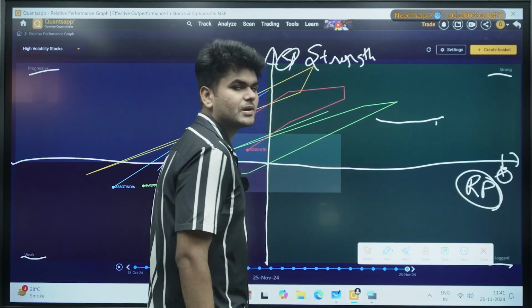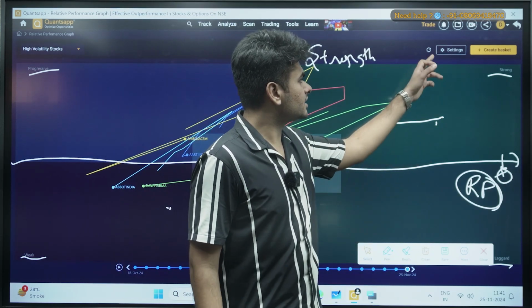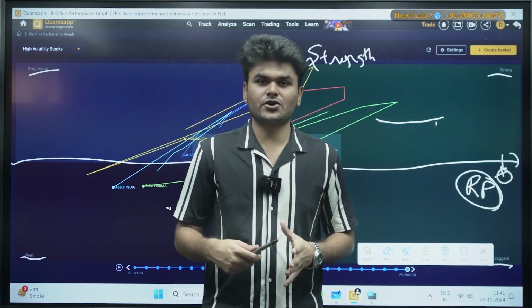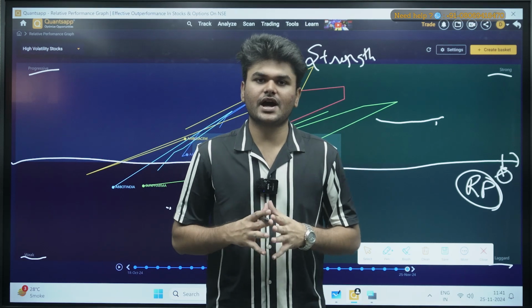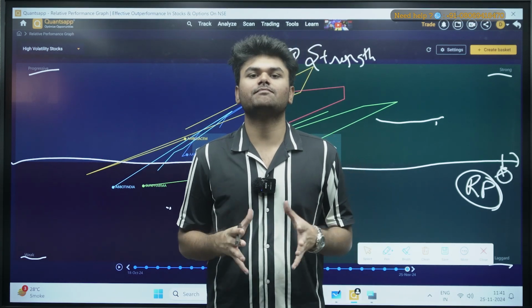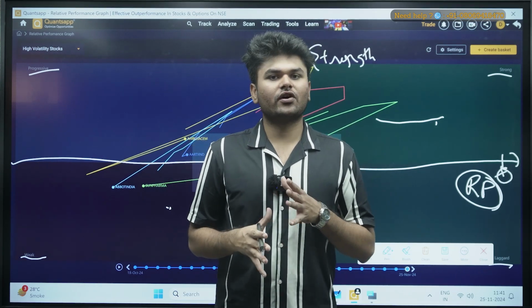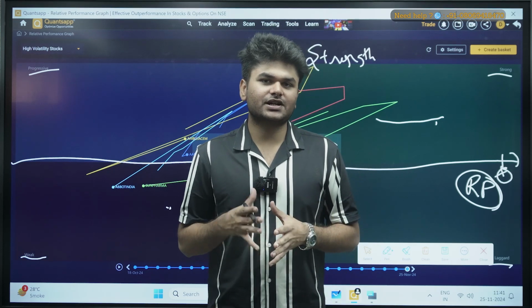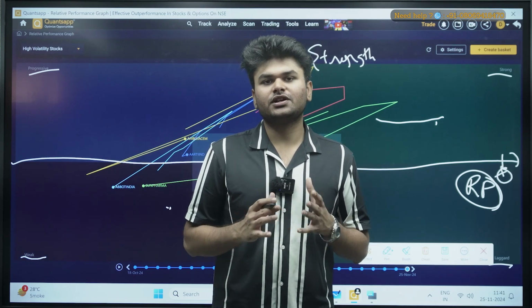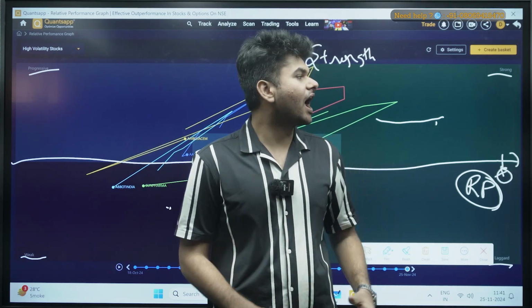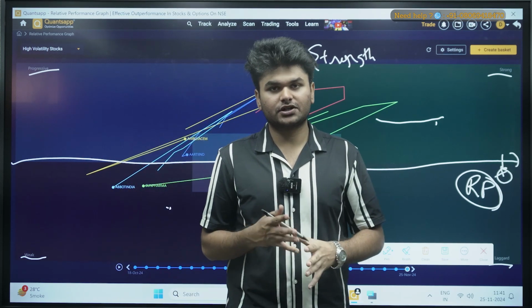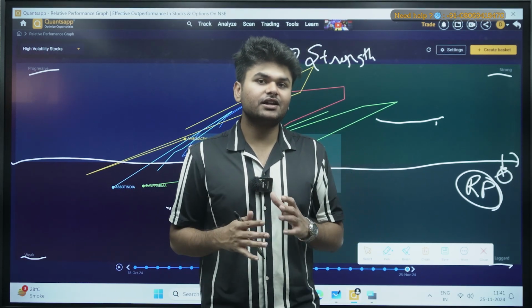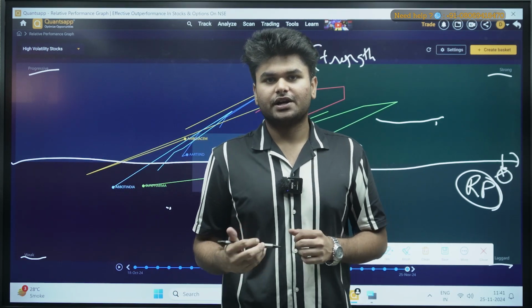Relative performance of what? You can go into the settings and select it for yourself. Generally we keep Nifty because Nifty acts as a benchmark. Overall, all the sectors are included in Nifty, so Nifty can suggest where the particular stock is currently residing in performance relative to Nifty.